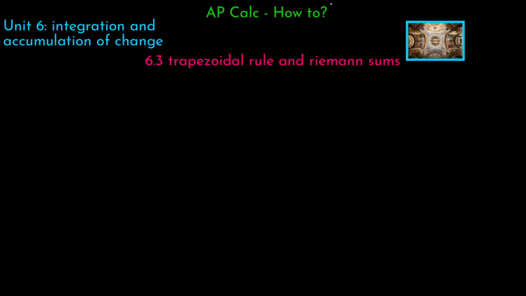If the interval a to b is divided into n equal parts of width delta x, then it'll be something like this.